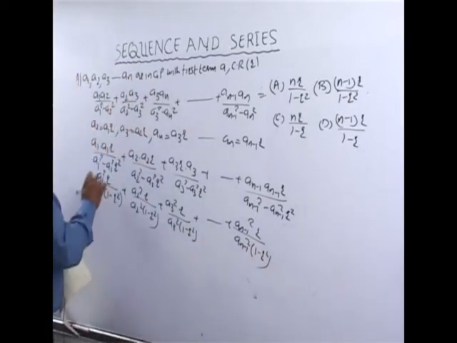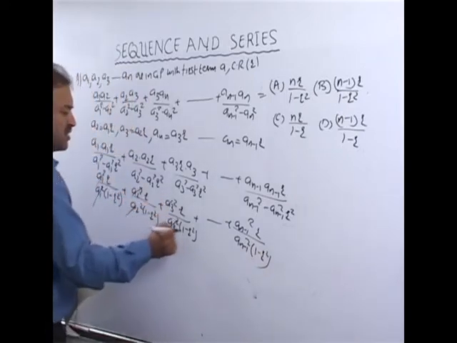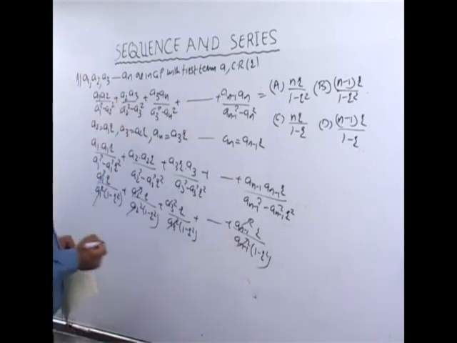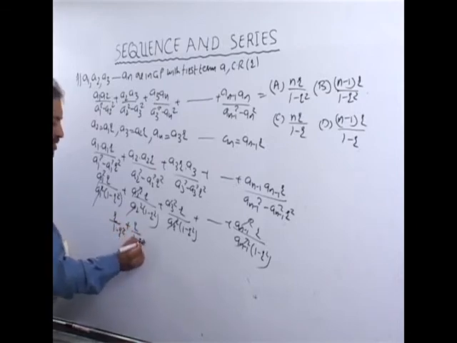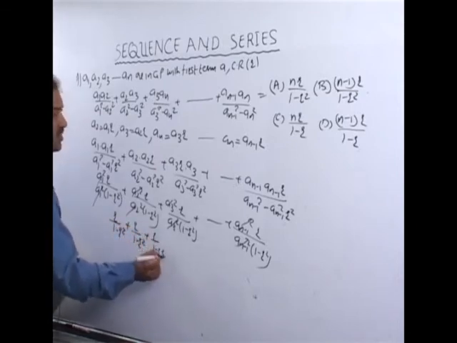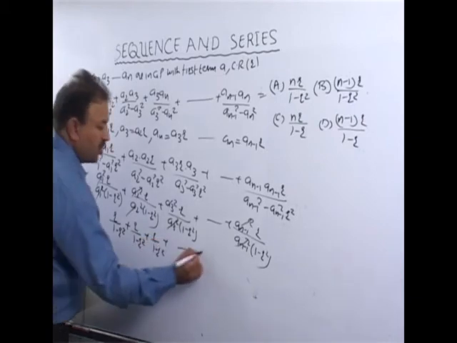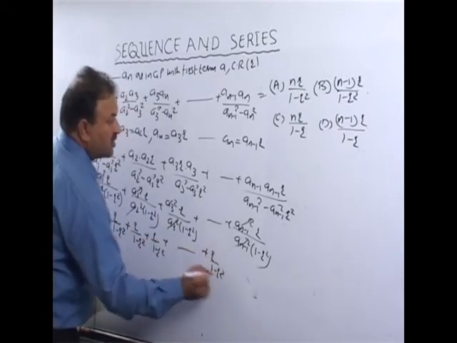Now A1 square, A2 square, A3 square, A(N-1) square will cancel out. We get R upon 1 minus R square each time.